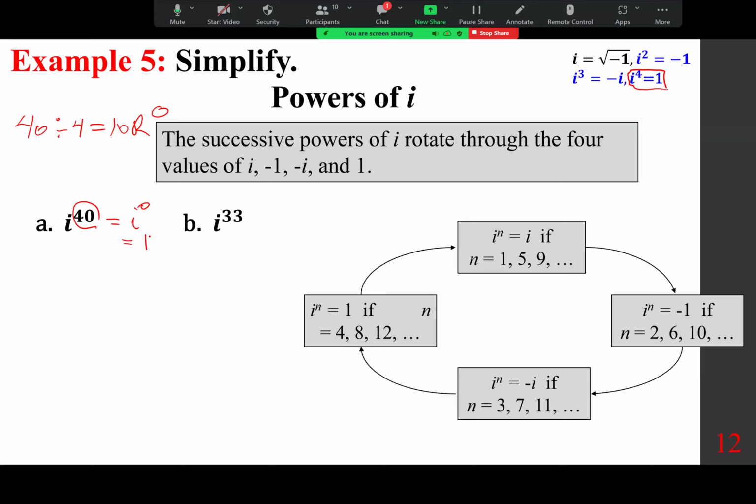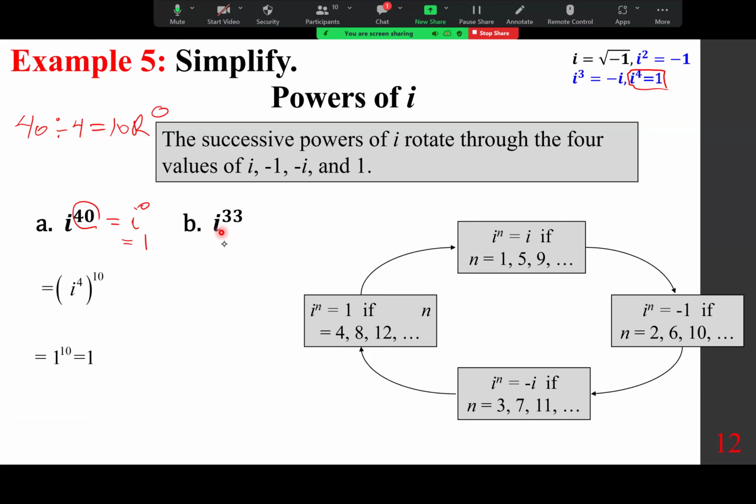Another way of understanding that, it's I to the power of 4 to the power of 10. 1 to the power of 10 makes it 1. So again, shorter version. Divide by 4. Never mind the quotient, keep the remainder. Here's an example that will make it easy.